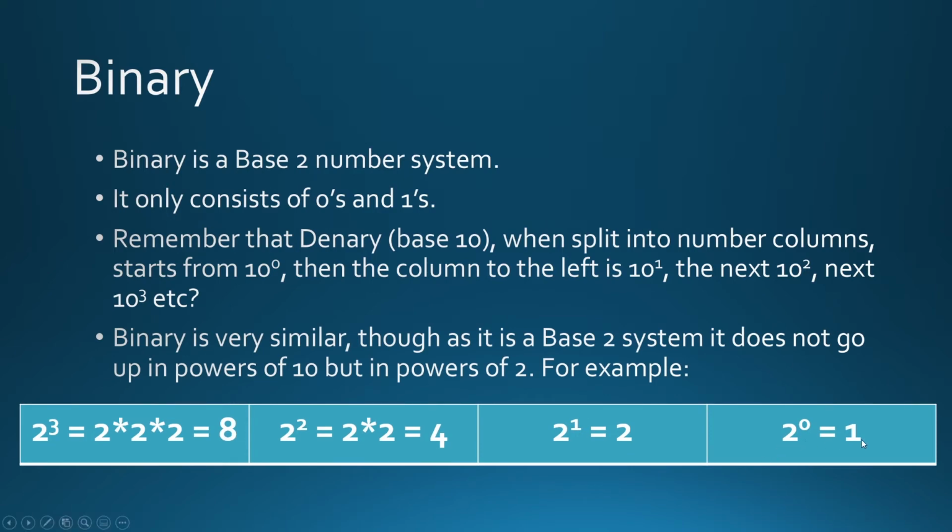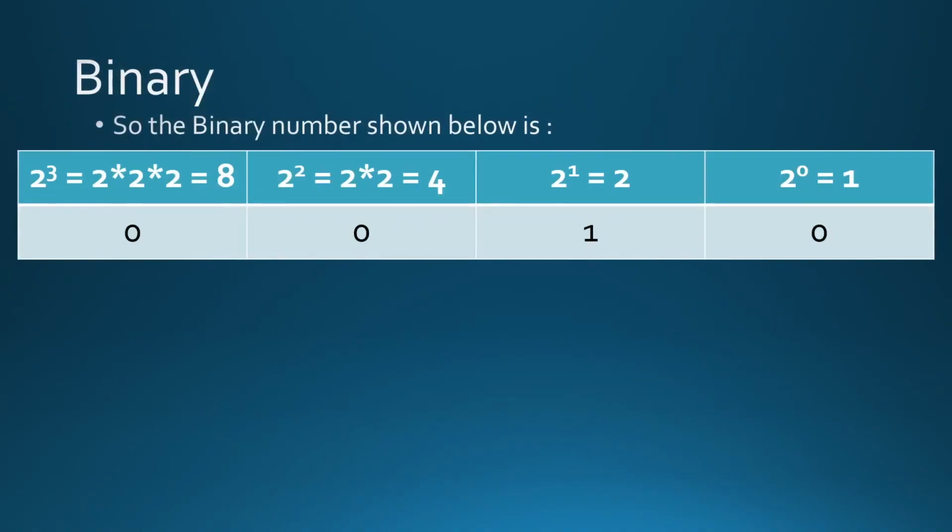2 to the power of 0 is 1, 2 to the power of 1 is 2, 2 to the power of 2 is 2 times 2, 2 to the power of 3 is 2 times 2 times 2, which is 8. So these are the 1s, these are the 2s, these are the 4s, and these are the 8s. So look at this binary number. It's got no 1s. It's got 1 2. It's got no 4s.